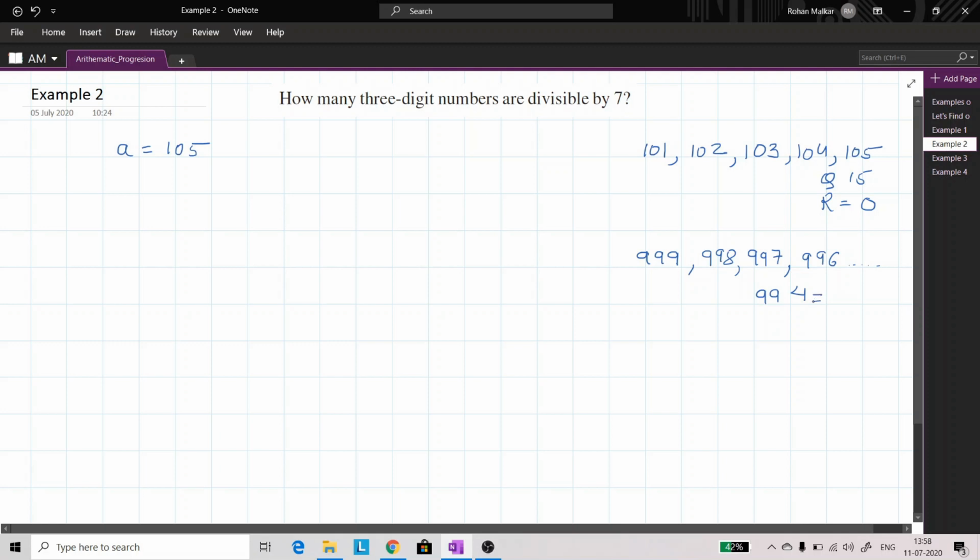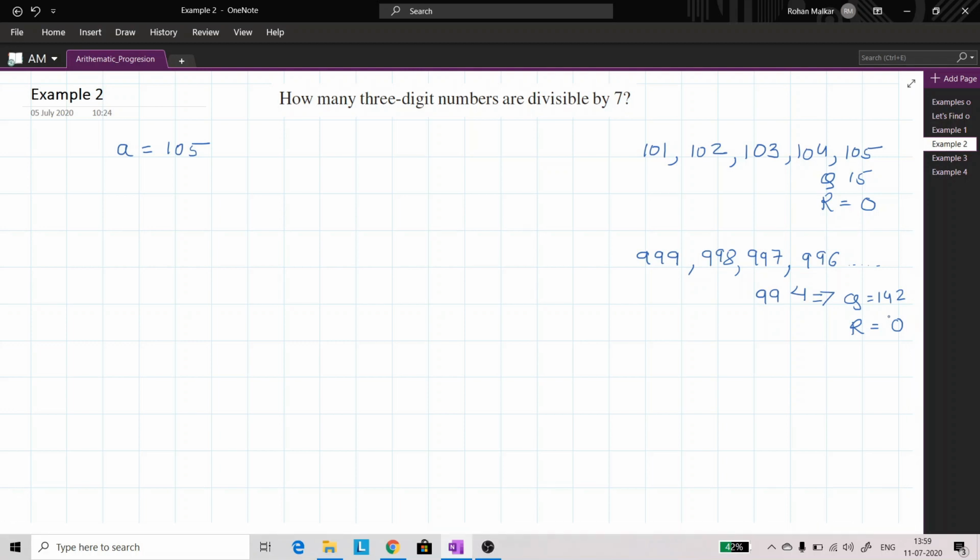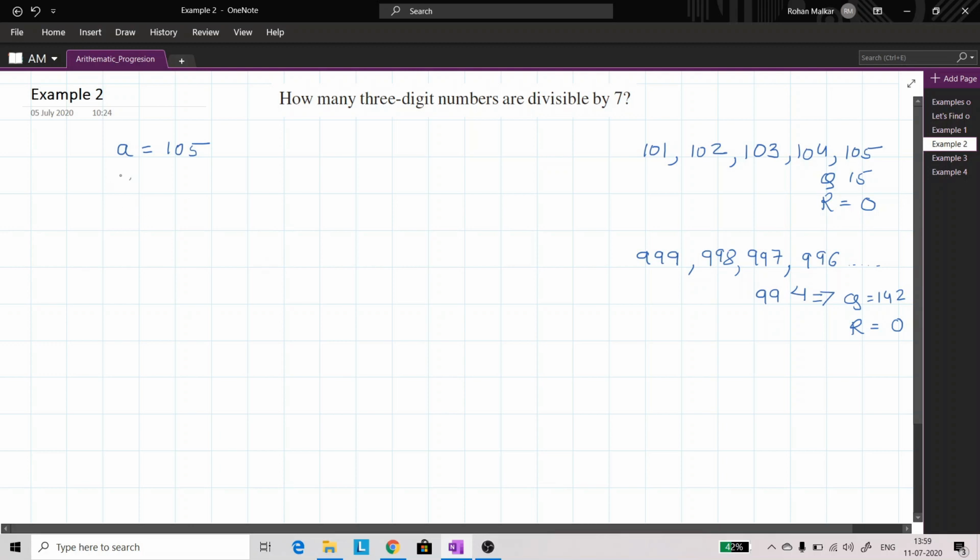So when you divide 994 by 7, you get quotient 142 and remainder 0. So yes, this is the maximum 3-digit number which is completely divisible by 7. So here the nth term will be 994.